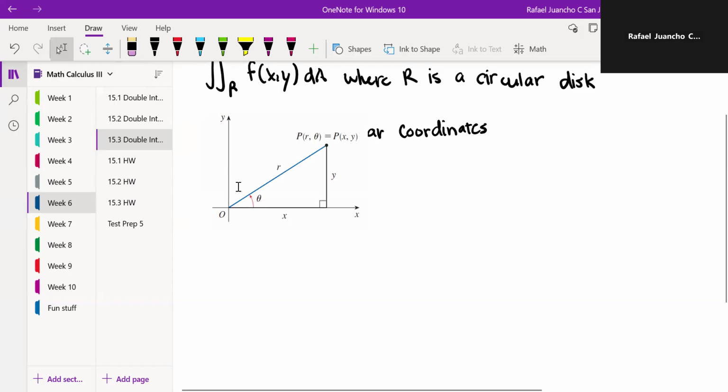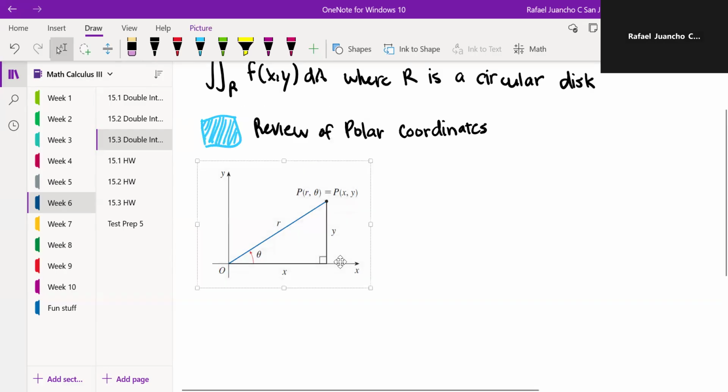So what are these? The polar coordinates r and theta of some point are related to the rectangular coordinates x and y by these particular equations.